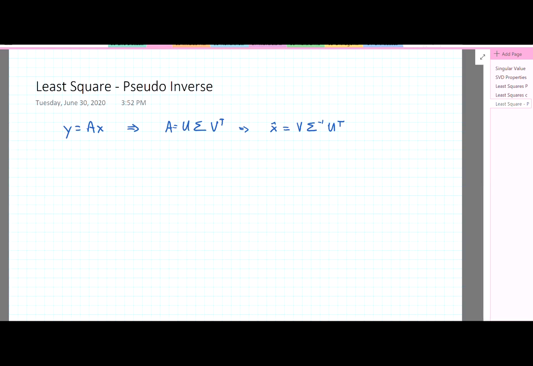So we actually have, this is such a useful concept, and it shows up over and over, but we have a name for this. And this is the pseudo inverse of A, and we usually write it in this way: A dagger.